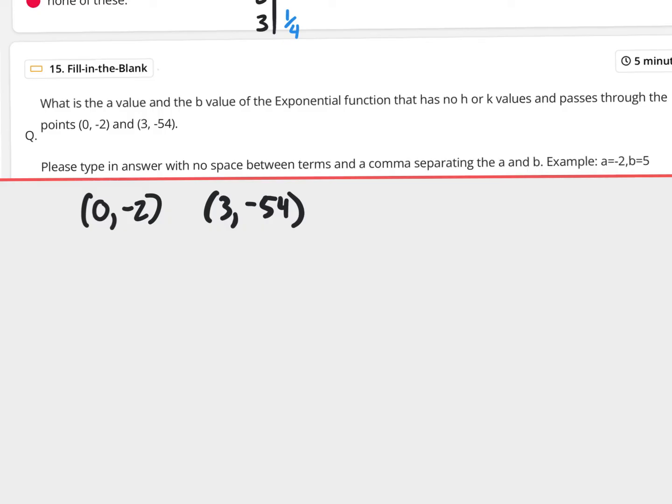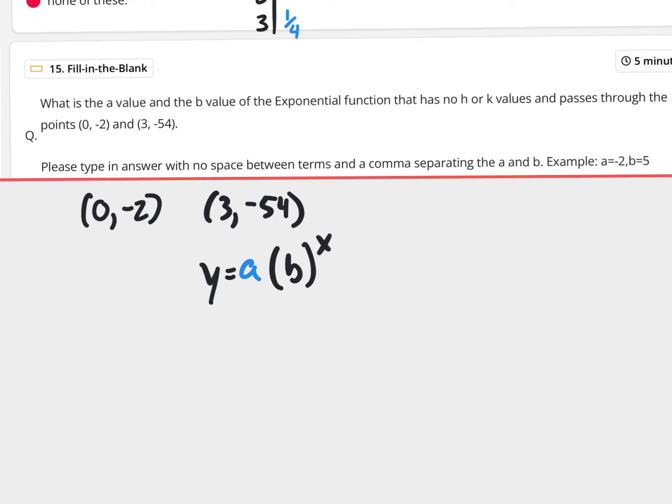So let's start by writing down the form of an exponential function. y equals a times b to the power of x minus h, plus k. Okay. And what else do they tell us? They tell us that it has no h or k values. Okay, so that makes it even easier. We could go back here and erase the h and erase the k. So that's what we have right now.